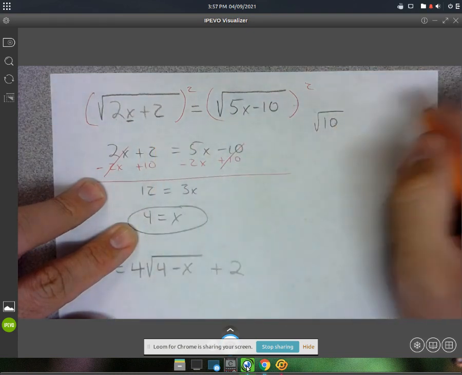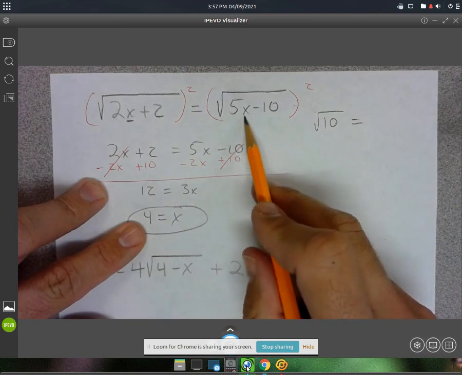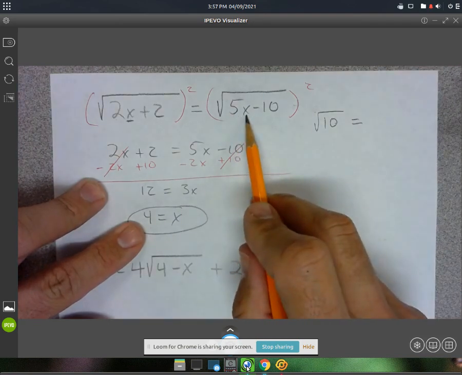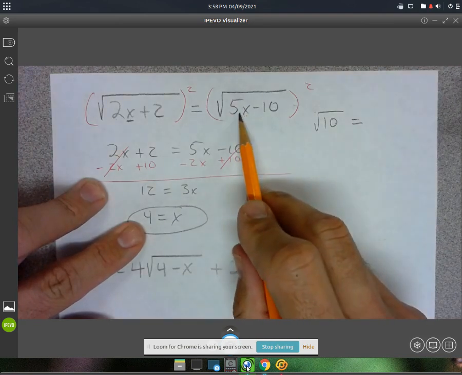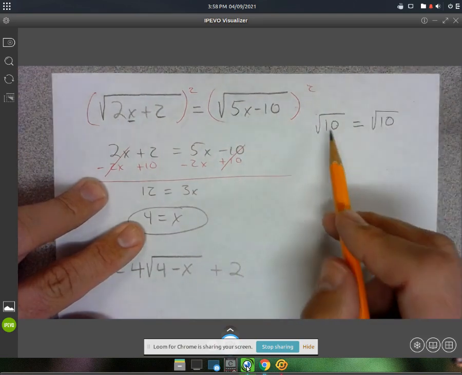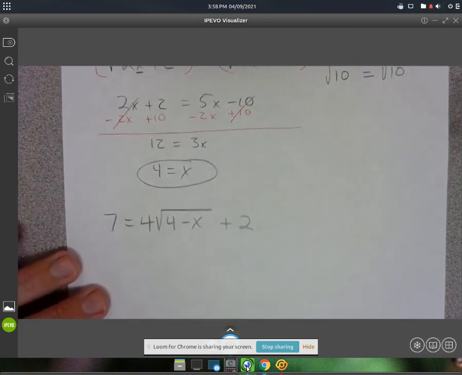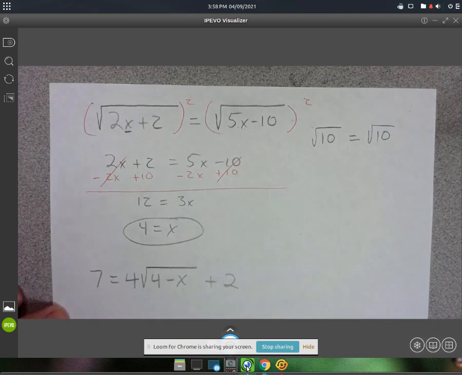That gives me 10 on the left side. And then we'll do it on the right side as well. 5 times 4 is 20, and then 20 minus 10, that is also 10. And so, yay, the left side equals the right side. So we did good. All right, moving on. Sometimes that won't happen, and we'll see some of those later.